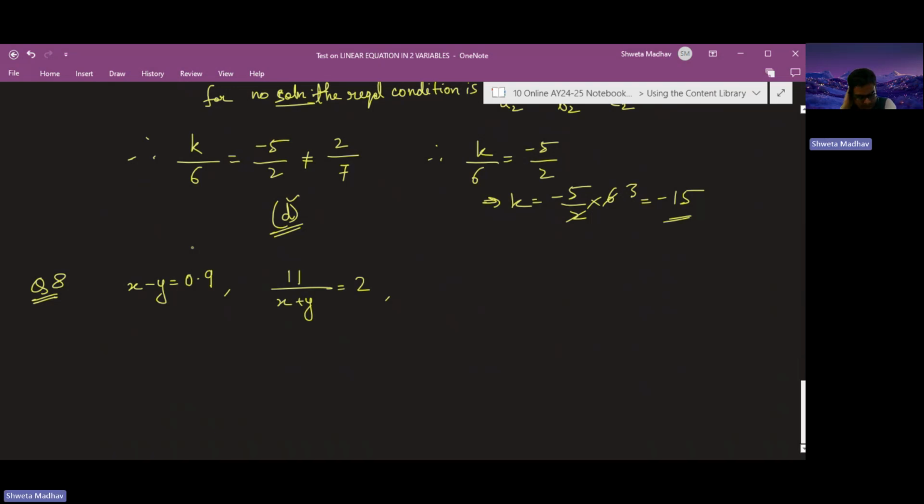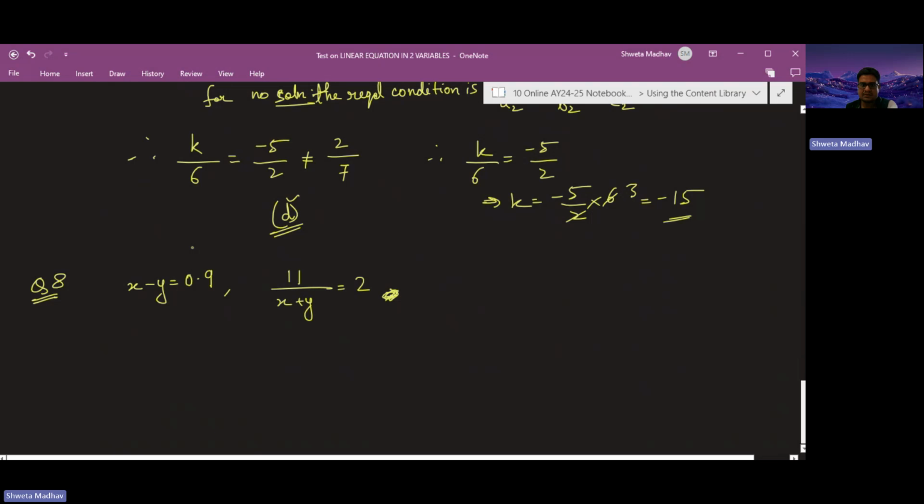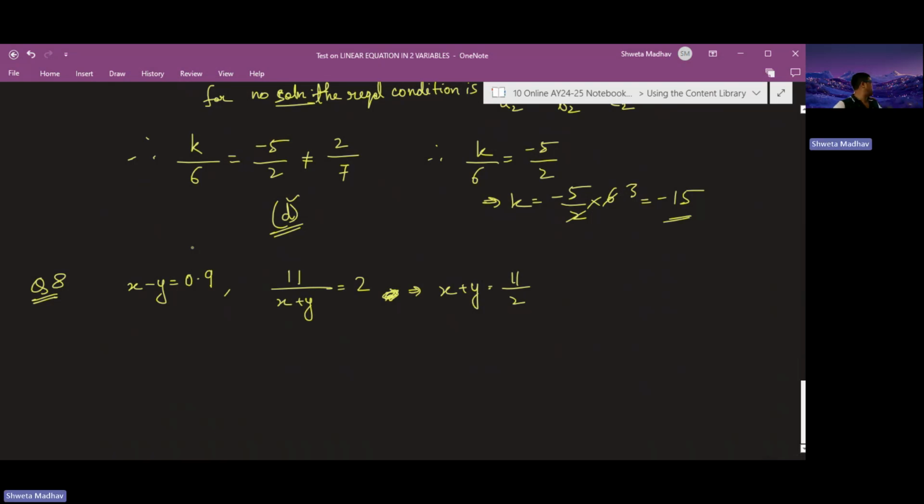What solution they will have, we have to find out. So from here we can say x plus y will be equal to 11 by 2. So this is equal to 5.5. x plus y is 5.5, and x minus y is 0.9.